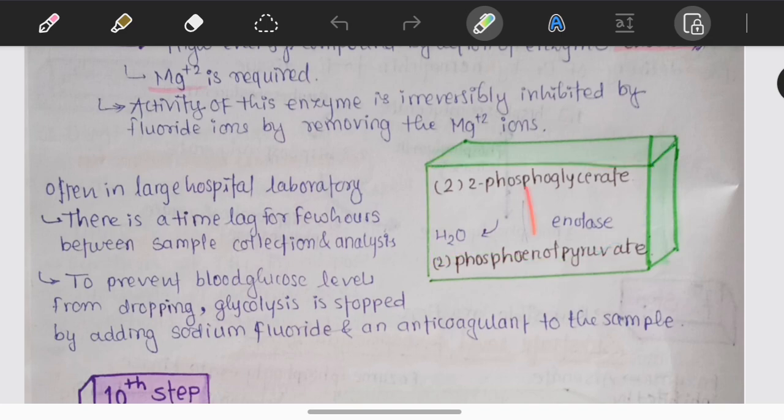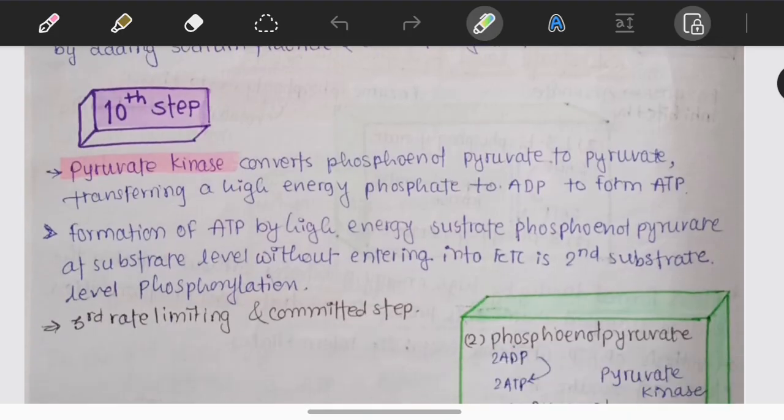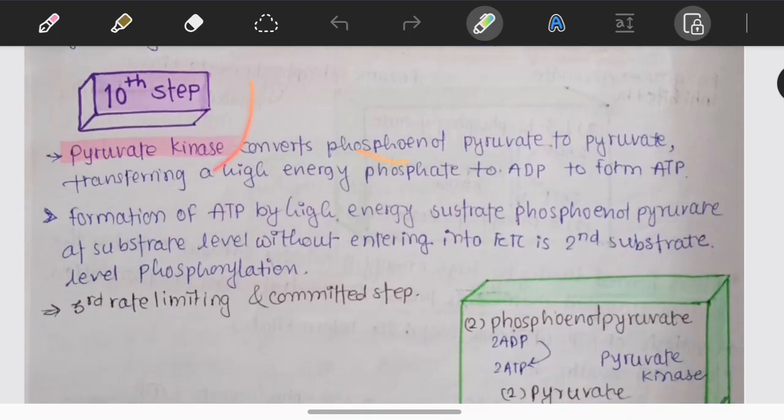2-phosphoglycerate is converted into phosphoenolpyruvate by the enzyme enolase, and dehydration occurs. 10th step, finally pyruvate kinase converts phosphoenolpyruvate to pyruvate, transferring the high energy phosphate to ADP to form ATP. The formation of ATP by the high energy substrate phosphoenolpyruvate at the substrate level without entering the ETC is the second substrate level phosphorylation.